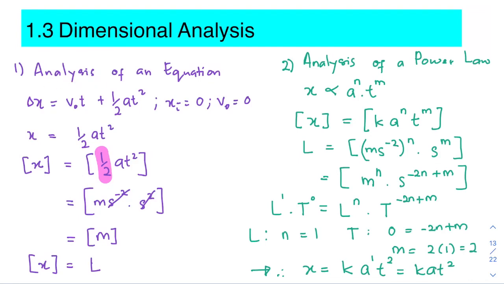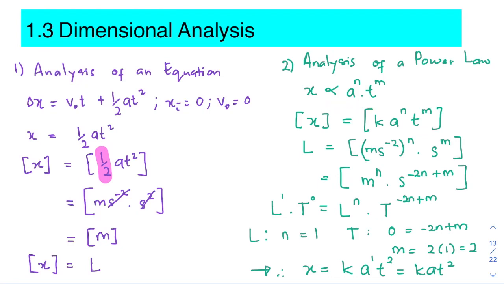So these are the two purposes of using dimensional analysis. First, the analysis of an equation, or in simple terms, to figure out the unit or the dimensional symbol of an item in an expression or equation. Second purpose is the analysis of a power law, or in simple terms, if there is a given statement that x depends on the acceleration and time, from that statement you are going to make a proper equation by using proportionality first.